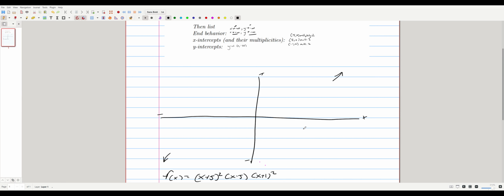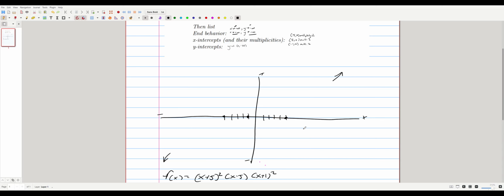We know our x-intercepts. We have -5, so -1, 2, 3, 4, 5. And we have a +5 as an x-intercept, 1, 2, 3, 4, 5. And we have -1. Okay, so those are the x-intercepts.